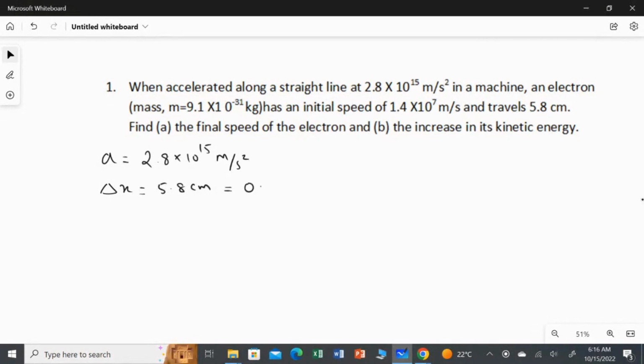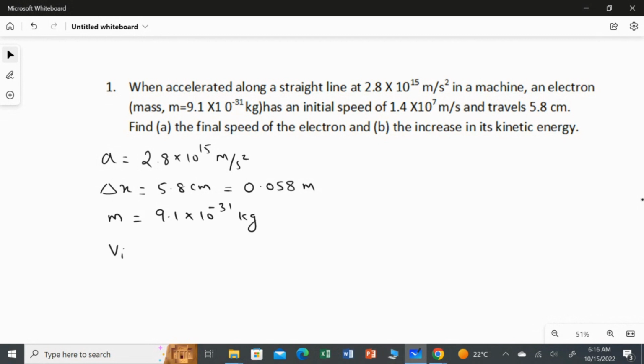So this number becomes 0.058 meter. And the mass of the electron is a constant value, 9.1 × 10^-31 kilogram, and then it has the initial speed. What is the initial speed here? 1.4 × 10^7 meter per second. So these are all the informations given in the question.